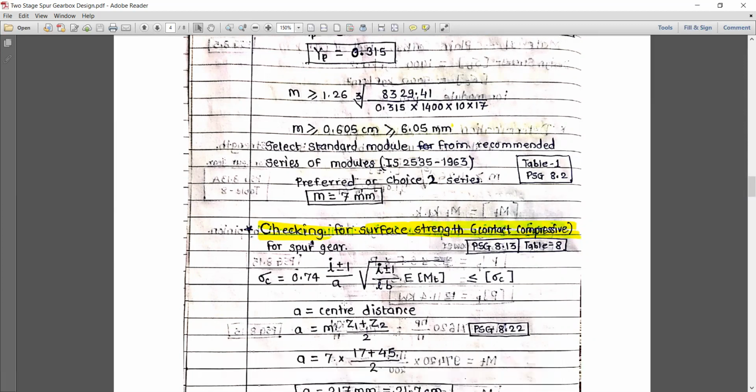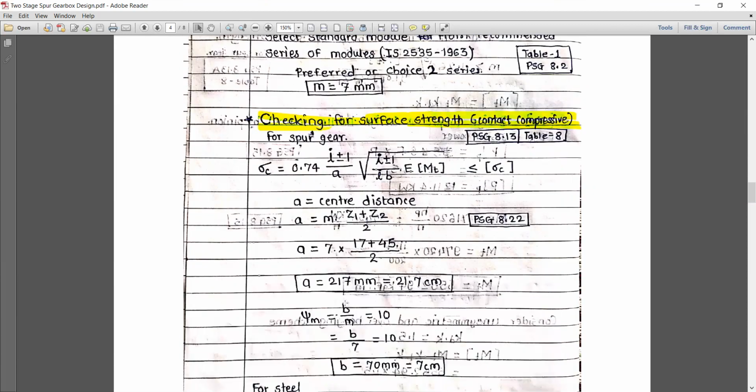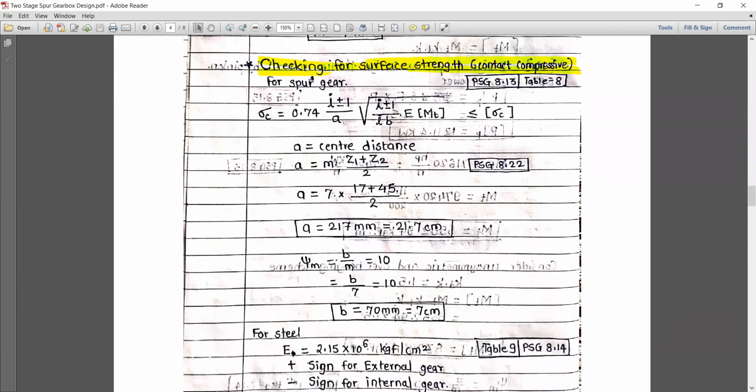Here we have found out the module so far. Now next we need to check it for surface strength, or you can say contact compressive stresses. Referring page number 8.13, table number 8, the equation we have seen: sigma c is equal to 0.74 (i plus minus 1) divided by a, square root of (i plus minus 1) divided by i into b into E into Mt design.